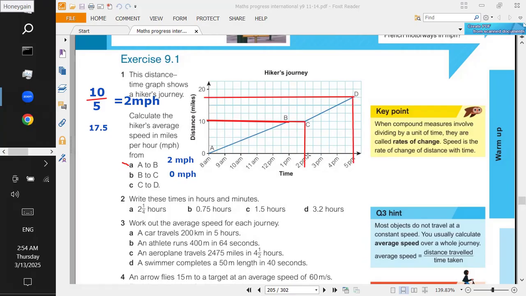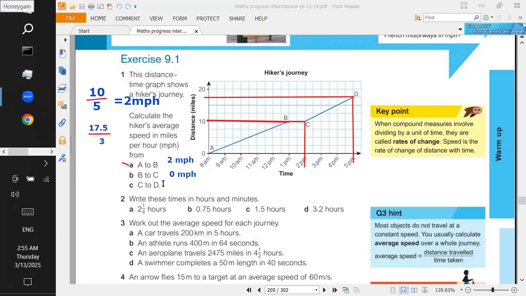So how many hours? 1, 2, 3 hours. So this means that we're going to divide the 17.5 by 3 hours. And the answer will be, let's do the calculator, 17.5 divided by 3 will equal 5.8, something like that.